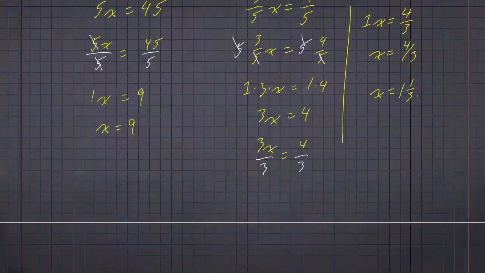Before I wrap up this video, I want to show you one kind of interesting trick. Sometimes you'll end up with variables in interesting places. 7x minus 6 is equal to 6x.